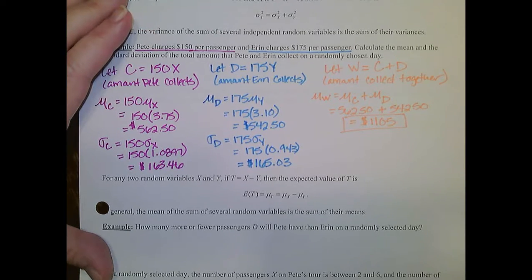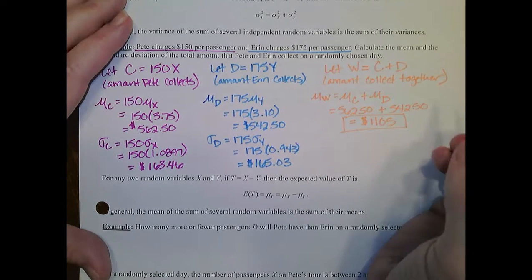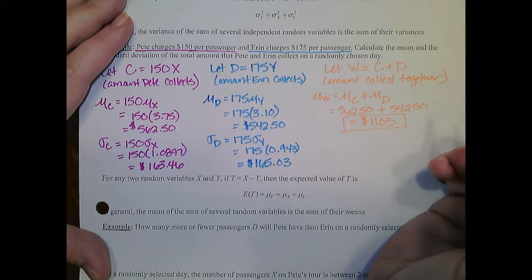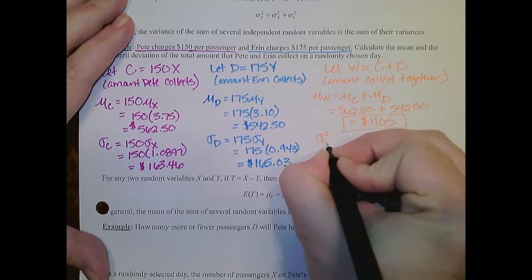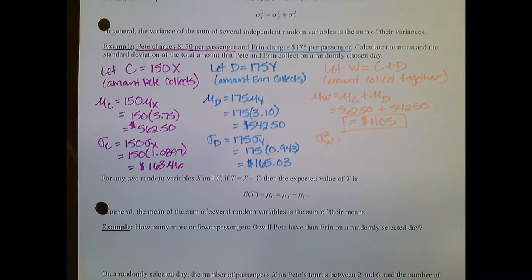Now for the standard deviation, first we're going to have to calculate the variance of W. We can't just add the standard deviations, but we can add the variances.